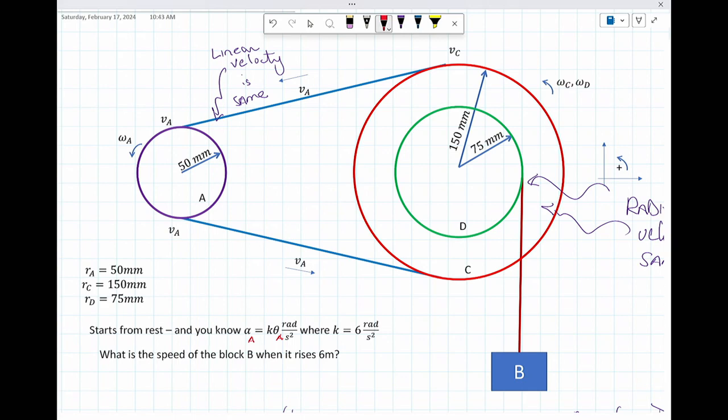The important thing to understand is that in order to translate a linear velocity to a rotational velocity, you need to have it at a point on the body.